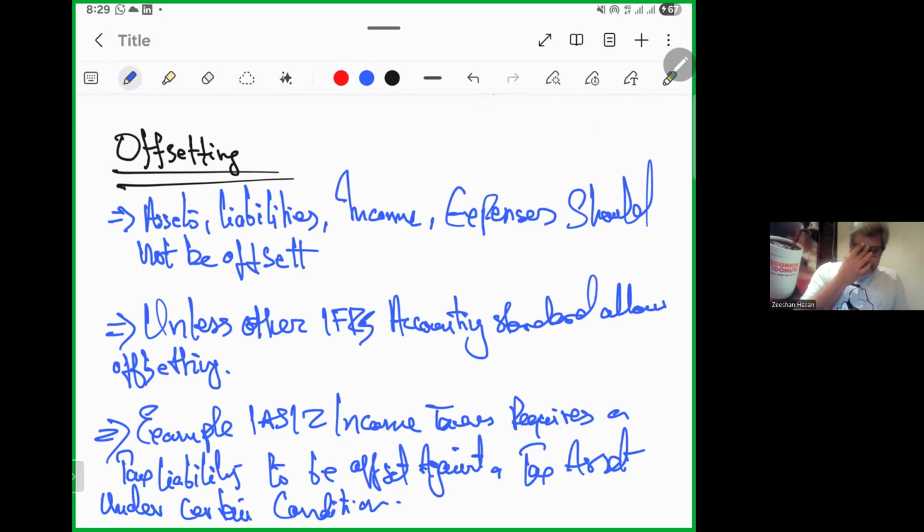So offsetting, except when the offset faithfully reflects the substance of a transaction, reduces the ability of the users to understand the transaction and the events which have occurred, and inhibits their ability to assess future cash flows. Presenting assets net after an allowance, for example, trade receivables net of an allowance for credit losses, is not offsetting.